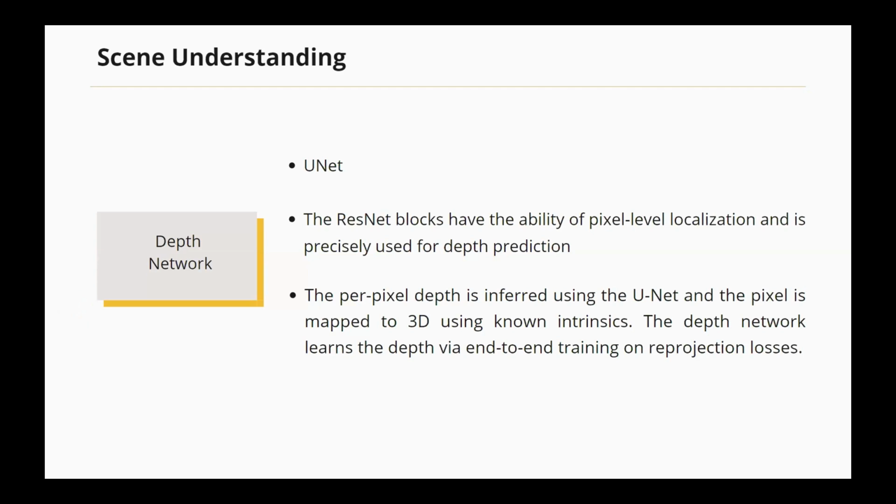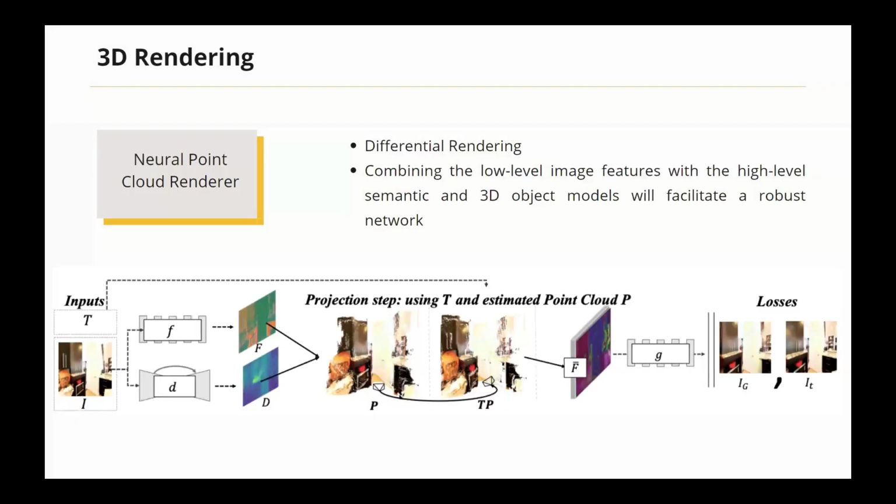So at the end of the scene understanding module, we receive both spatial feature maps and also depth maps. These are fed into our renderer. We are using a neural point cloud renderer. What happens is these features are embedded into the point cloud.